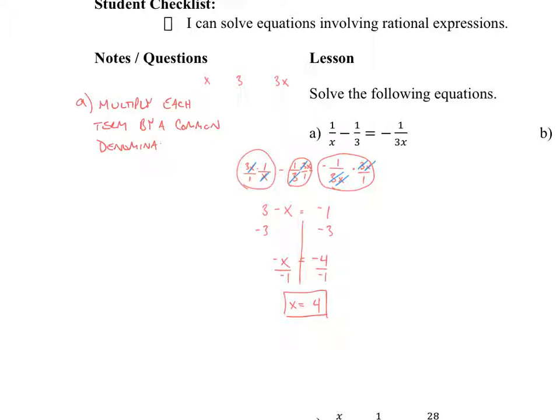And I say a common denominator. It doesn't necessarily have to be the least common denominator. It's convenient if it is, but you could multiply this by 6x or 9x squared. That would be a common denominator. But in the end, you'd have to reduce. So it doesn't necessarily matter if you choose the least common denominator or not.